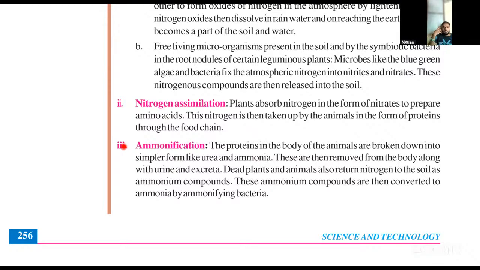The proteins are excreted in the form of ammonia, urea and excreta. Dead plants and animals also return nitrogen into the soil as ammonium compounds, and that ammonium compound is converted into ammonia, which is NH3 and is also useful for the plant, by the ammonifying bacteria.